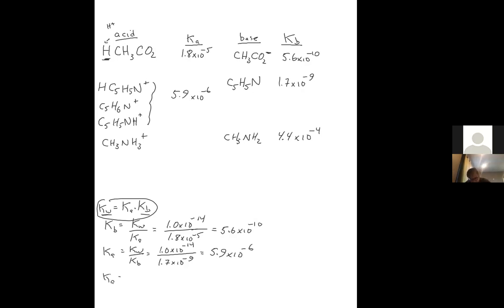Ka again would be Kw over Kb. And that would be 1.0 times 10 to the minus 14 over 4.4 times 10 to the minus 4. So let's see what that looks like. 1 times 10 to the minus 14 divided by 4.4 times 10 to the minus 4, 2.3 times 10 to the minus 11.